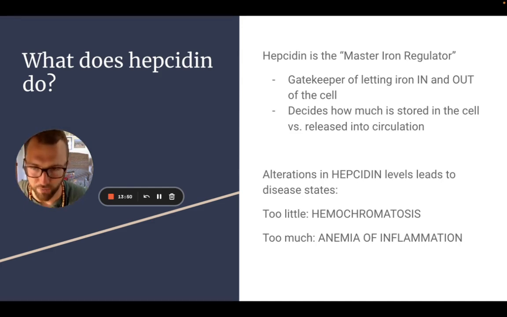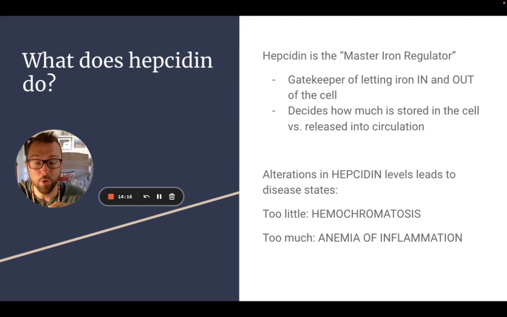There's a ton of hepcidin in the liver, which makes sense because that's its main storage site. Hepcidin is what is determining if that liver knows to hold on to the iron or if it knows to release it into circulation.